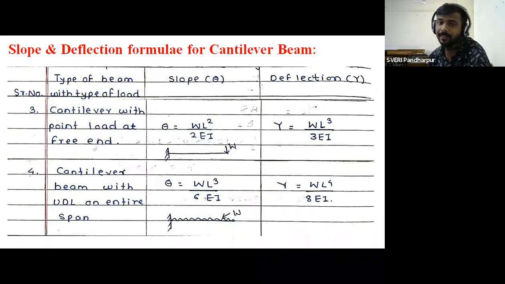Again, the two standard cases, point load and the UDL. There is a possibility of confusion in L square, L cube, or some multiplying factor at the denominator side. 2 EI, 3 EI, 6 EI.